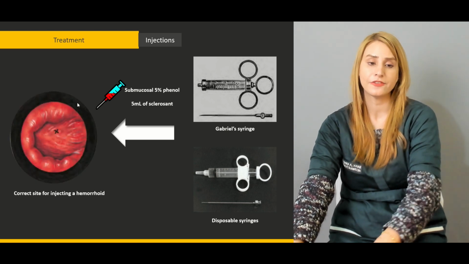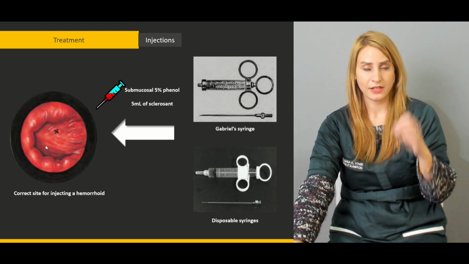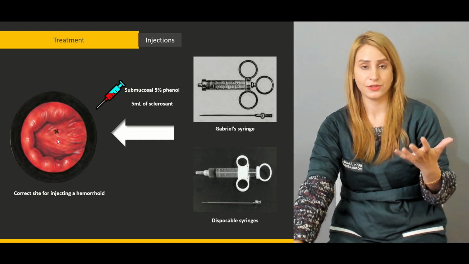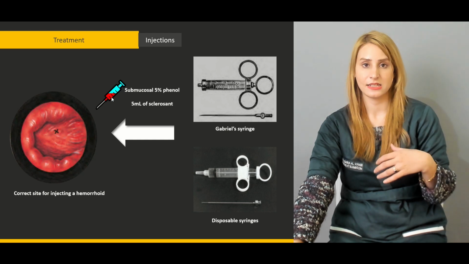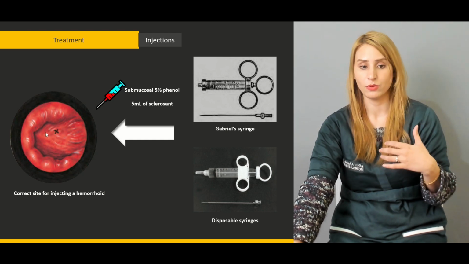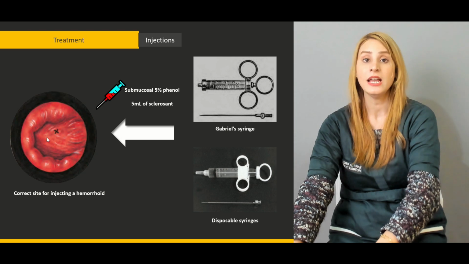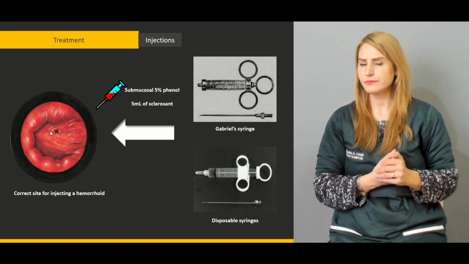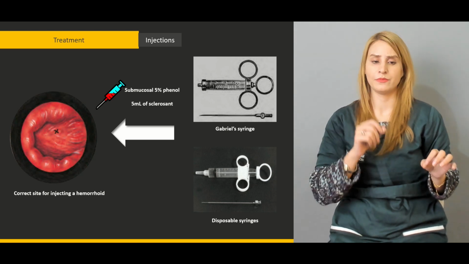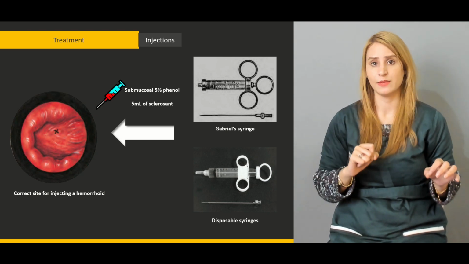So if you're examining and doing a proctoscopy, and there's a bulge right here, then what you do is take the 5% phenol and inject it submucosally into the pedicle. And you need to inject it into each individual hemorrhoid.